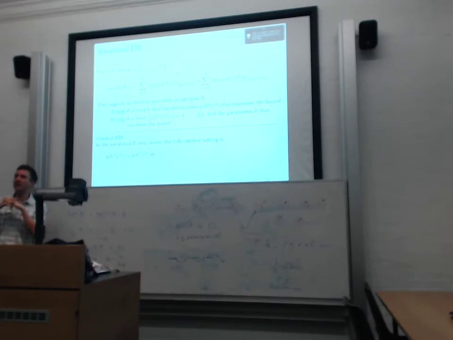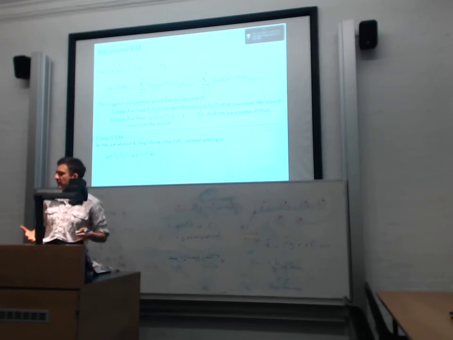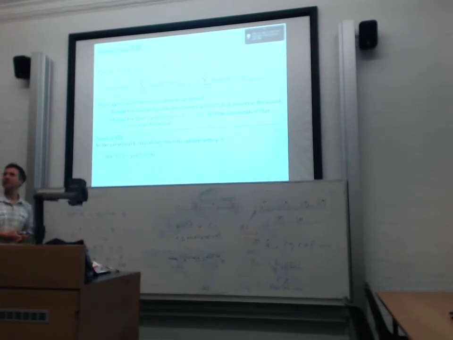In general, there's no guarantee that each iteration of this sort of variational EM algorithm, in other words not using the optimal Q, will increase the likelihood itself. It's only guaranteed to increase the lower bound of the likelihood. So at the expense of making a tractable algorithm, you lose the guarantee that you're pushing up the likelihood.